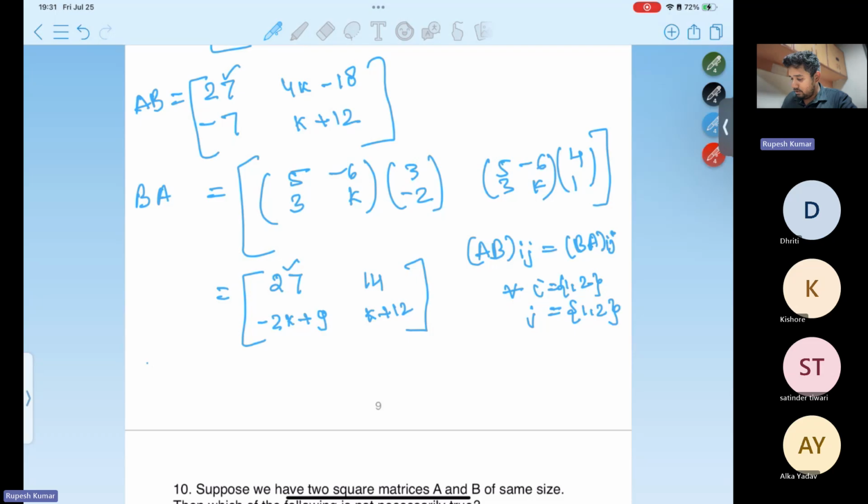So let's do this again. Let's build this table. Row, column, AB value, BA value, right?